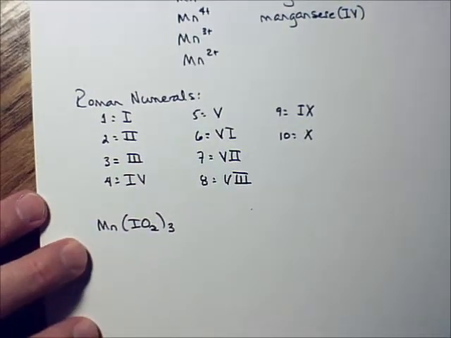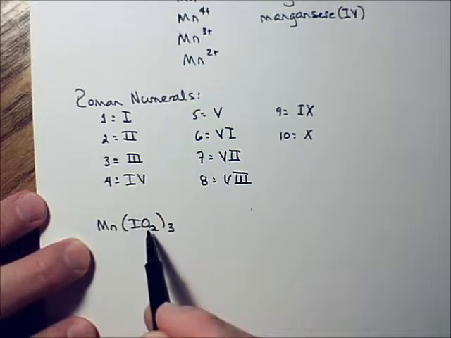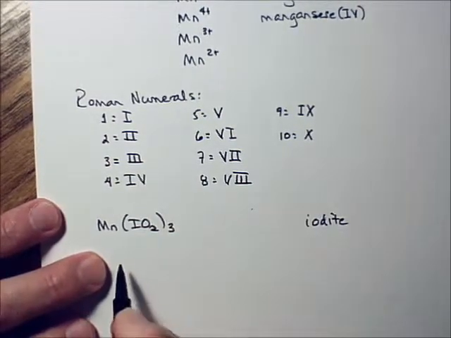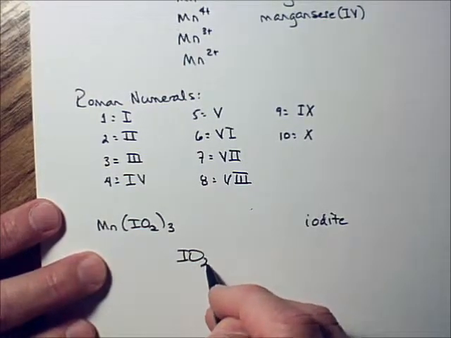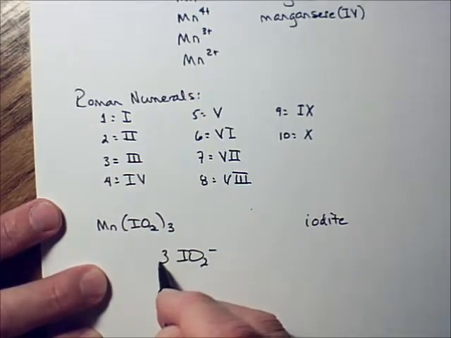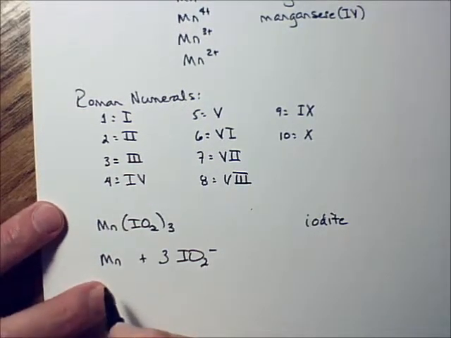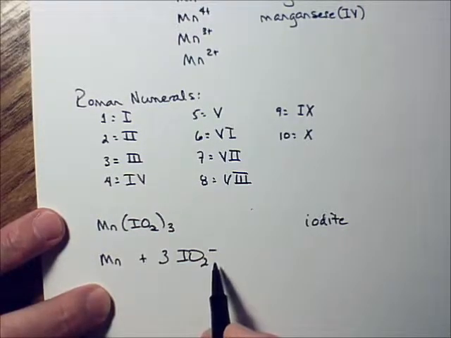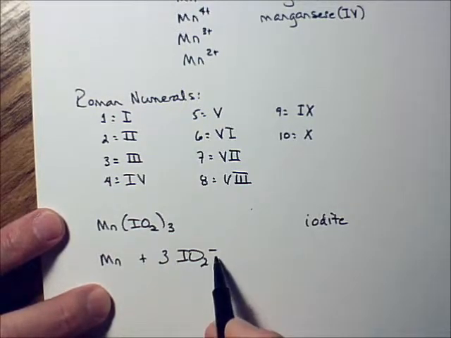So if I have a formula like this, I want to first look up the name of this part, and this is called iodite. Iodite has a 1 negative charge, and I've got 3 of them. I've only got 1 manganese. What charge will it have to have in order for this thing to equal a 0 charge? I got 3 negatively charged particles.